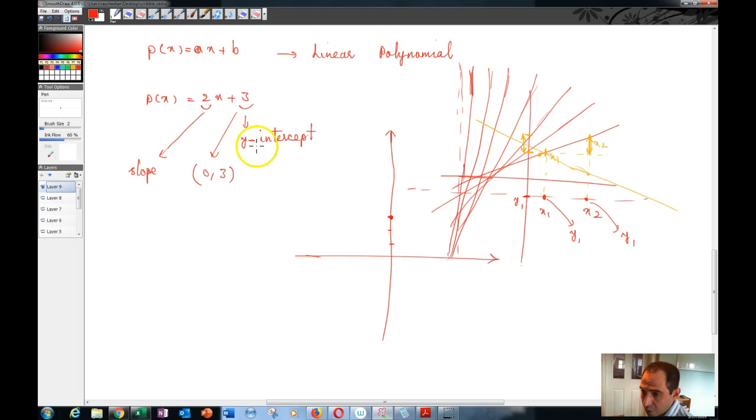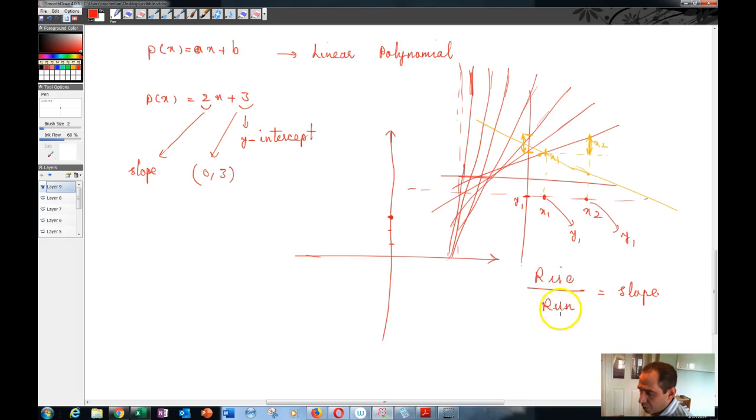Based on the y-intercept, I know that one point is basically (0, 3), which is this point over here. The other point you can figure out based on the slope. And the slope tells me, for a unit horizontal change, how many units of vertical change there is in the function, meaning that it's always the rise over the run, and that's equal to the slope of the function.